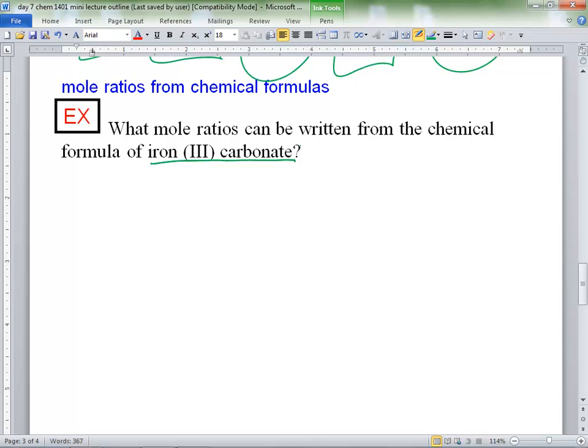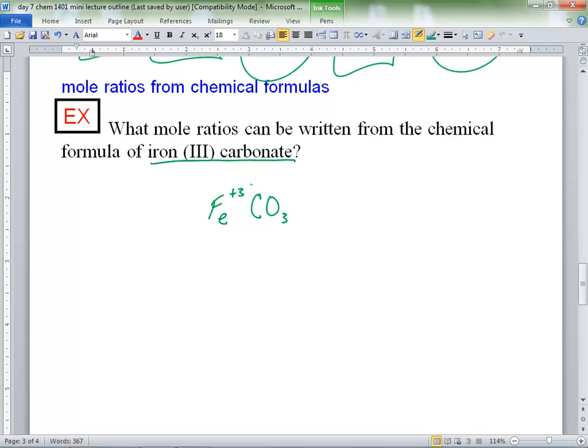Daisy, what is the chemical formula for iron 3 carbonate? Fe, very good. With a little plus 3, right? Ooh, not Ca. CO. Yeah.